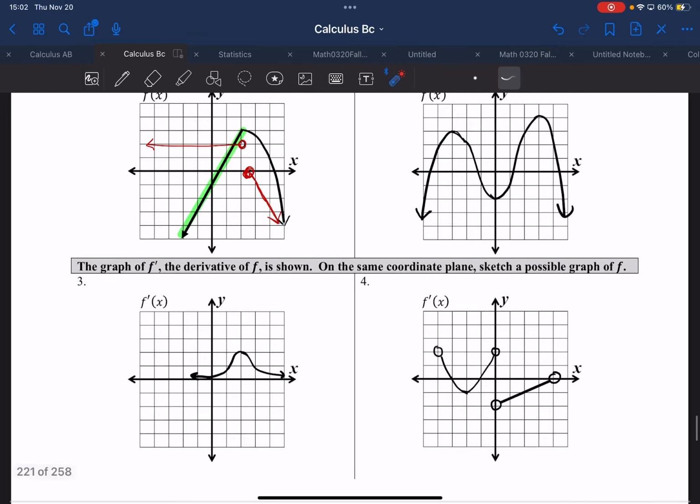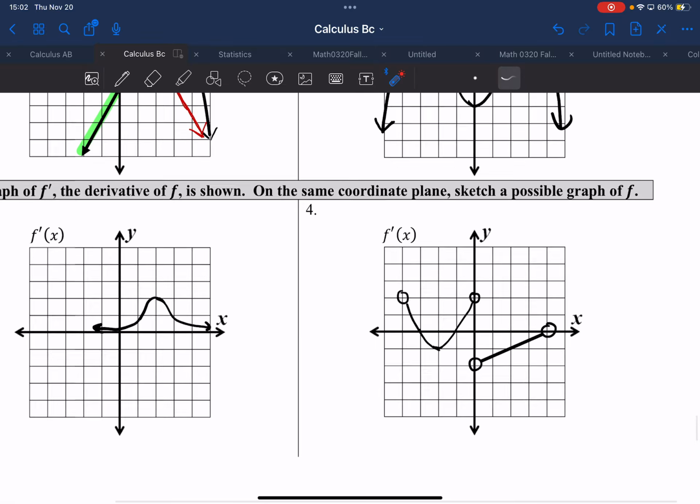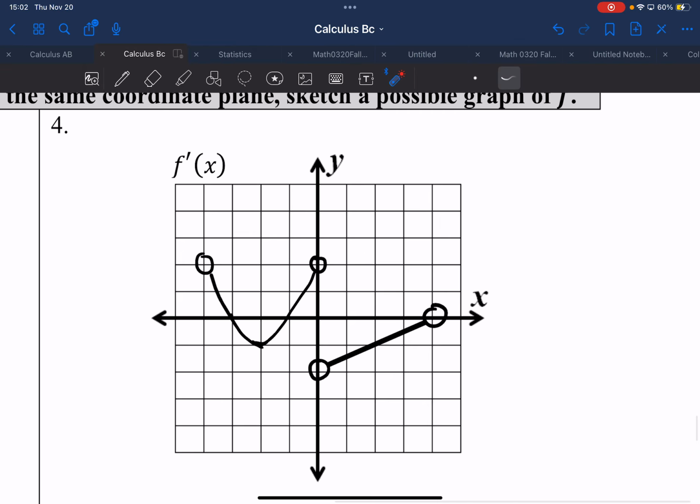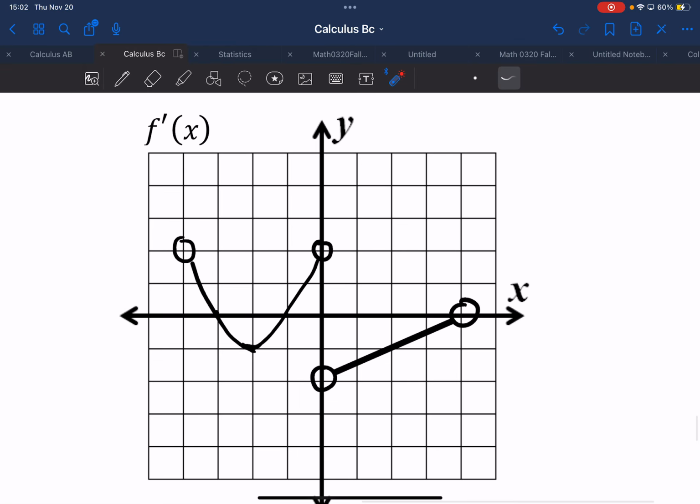Okay, so you'll notice on number 4, this one is the opposite. Now, this is like the second example we did. It gives us the derivative and it wants us to find the possible graph of f. So again, this is broken apart. It's piecewise. We see 2 distinctive functions here. We have this one, which is what? Quadratic.